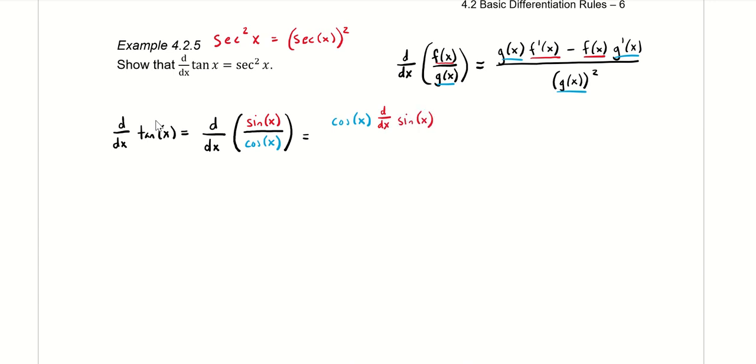I'll note that I want to. Then I'm going to subtract my upper function, which is the sine of x, times the derivative of my denominator function, so the derivative with respect to x of cosine of x. And then again, careful with the denominator. We're not taking a derivative. We're just taking our lower function and squaring it.